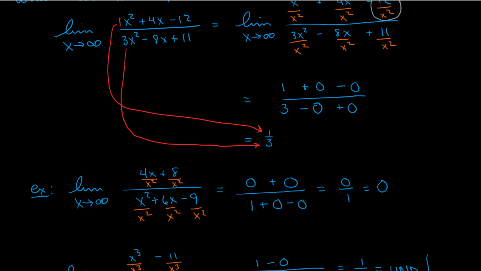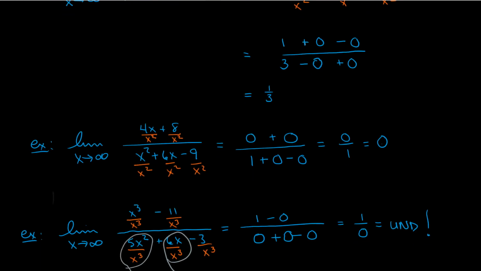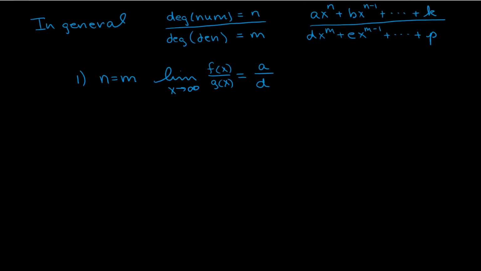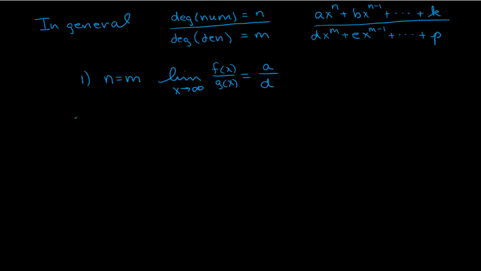Okay, so if they both have the same degree, if it's a tie, you just take the coefficient off of the numerator's leading term divided by the coefficient off of the denominator's leading term.